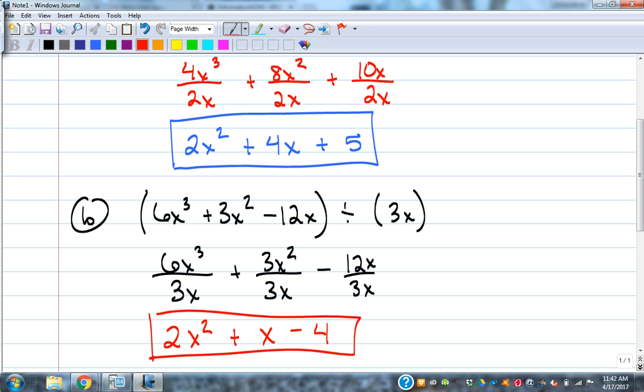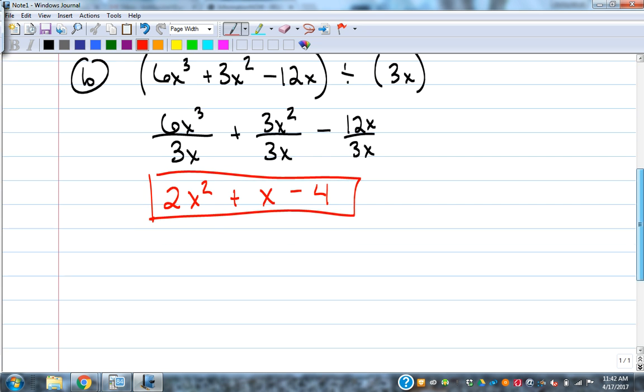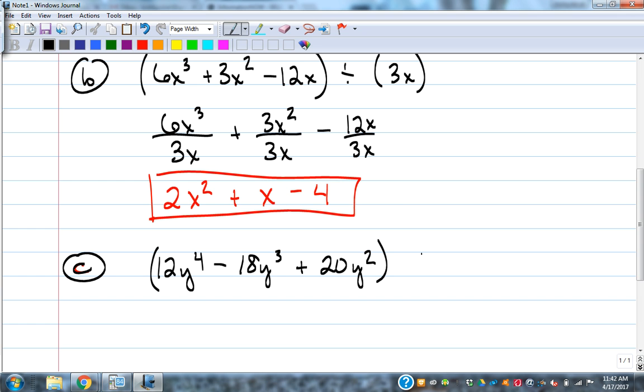Not bad. If the fraction doesn't simplify all the way, let's look at this example. 12y to the fourth minus 18y cubed plus 20y squared, all divided by 4y.